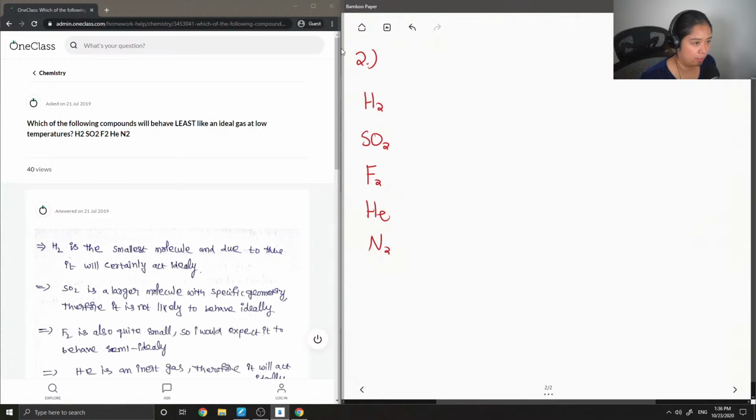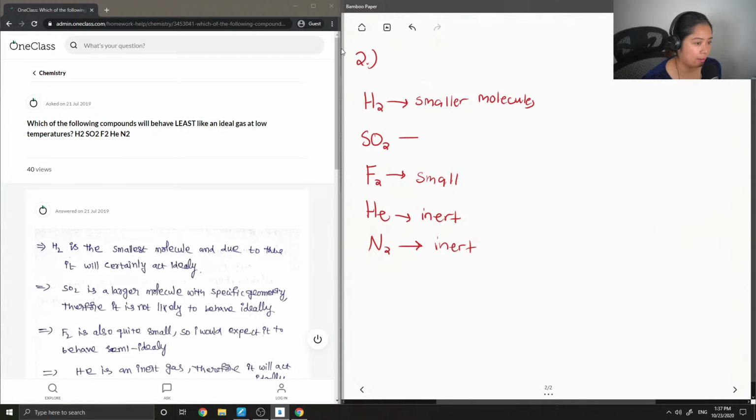So even just looking at the different compounds that they give us, you'll notice that H2 and F2 are the smaller diatomic molecules. And even helium is an inert gas, and same with nitrogen.